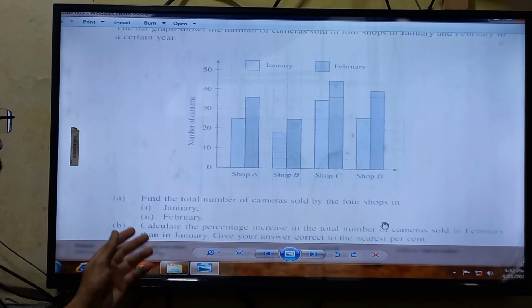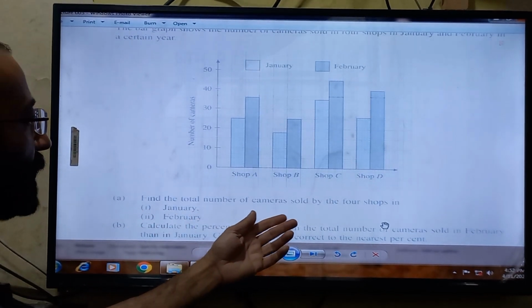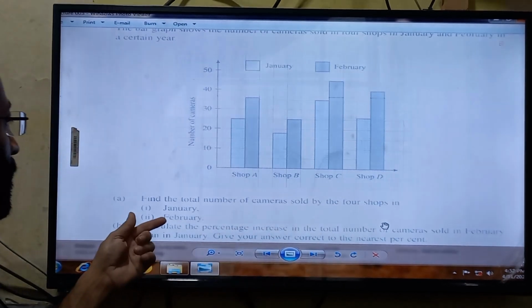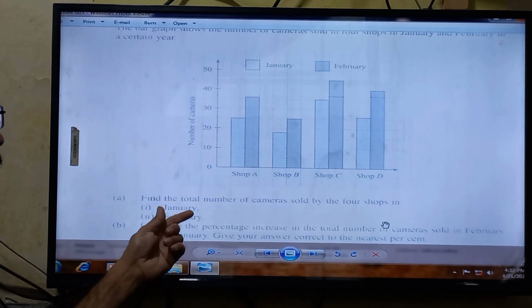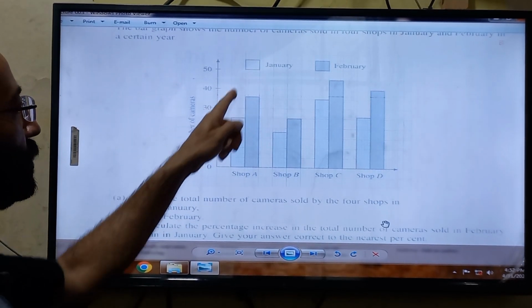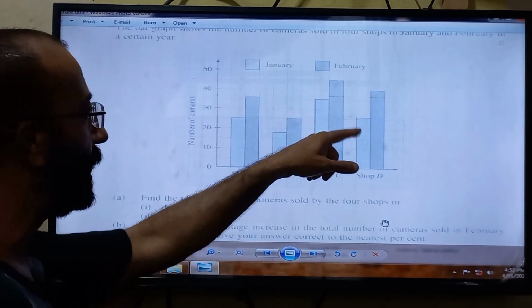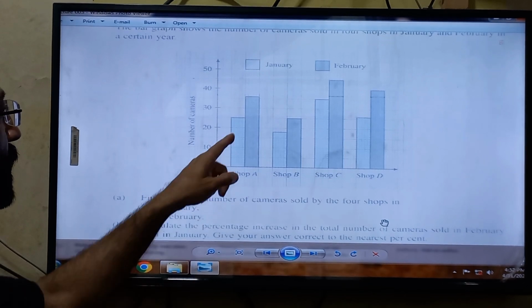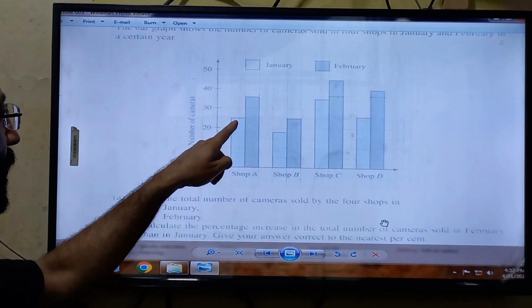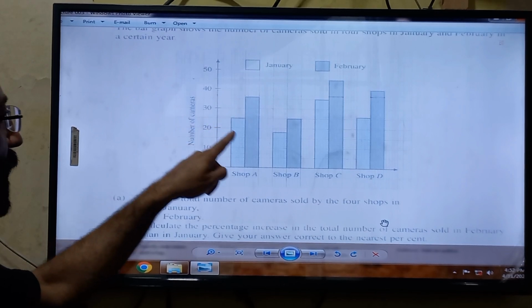So number 1 requirement is to find the total number of cameras sold by the 4 shops, in the first part January and in the second part February. So January is represented by blue. So blue bars will be added first for January's total number of cameras. So for shop A, blue is 25.